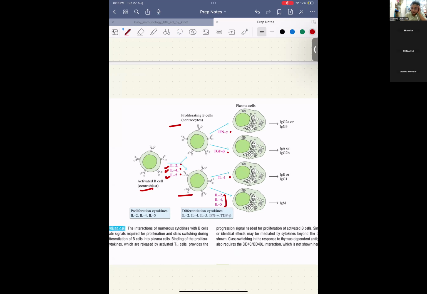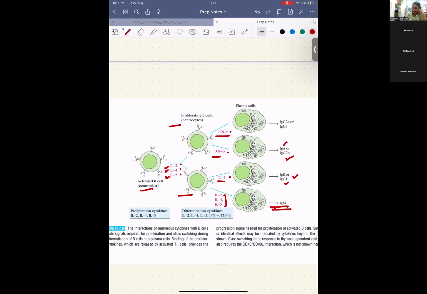So if we still have the same milieu of IL-2, 4, and 5, the stimulus is in the direction of producing IgM secreting plasma cells, or IgM expressing memory cells, right? If we have IL-4 in the microenvironment, the plasma cell formed is of IgE or IgG1 type. Similarly, if we have TGF beta, we have IgA or IgG2b.